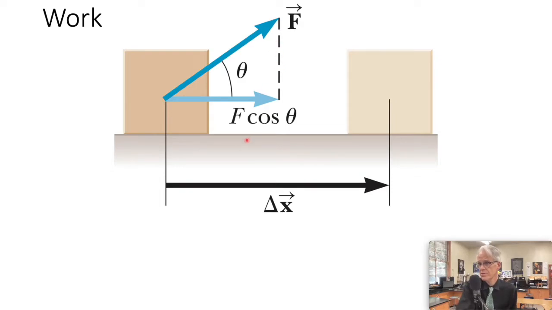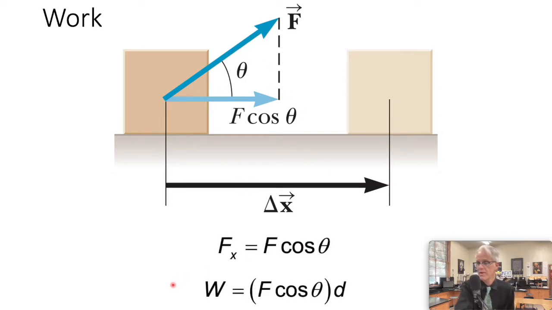We'll use F cosine theta, where theta is the angle between the direction of the displacement and the force. The work will be F cosine theta times the magnitude of the displacement.